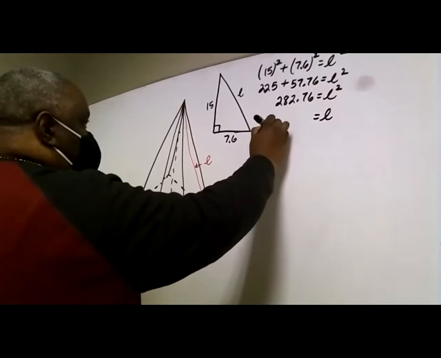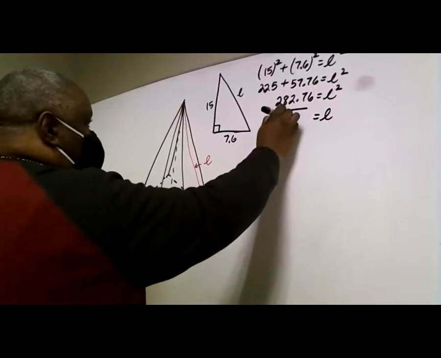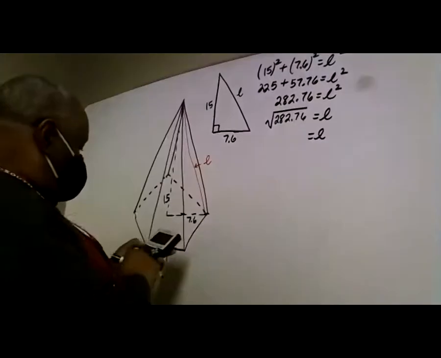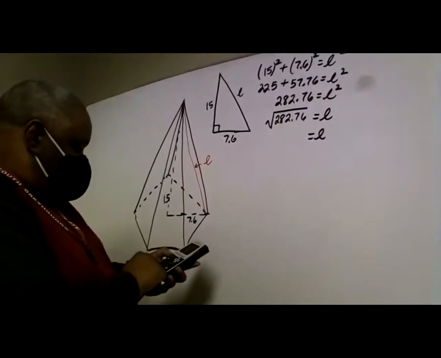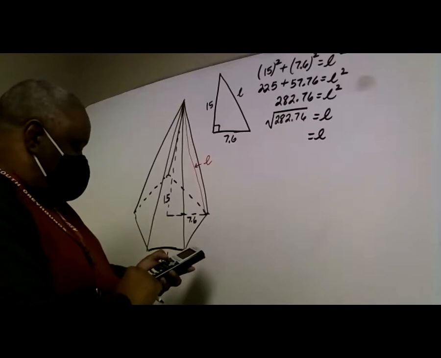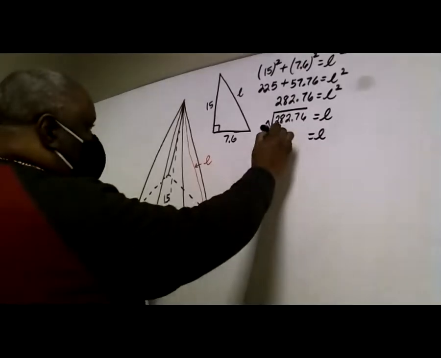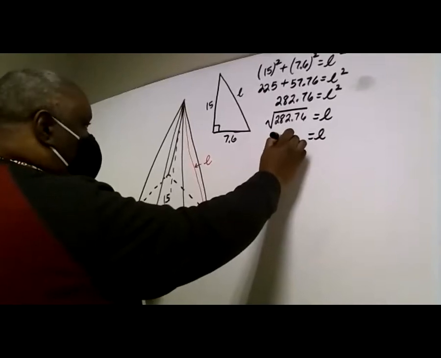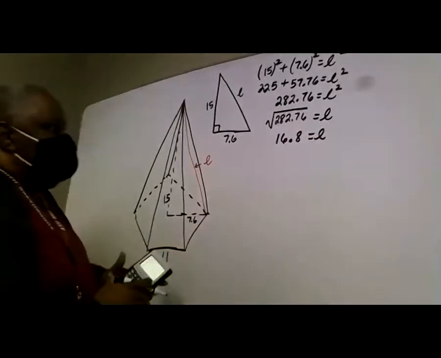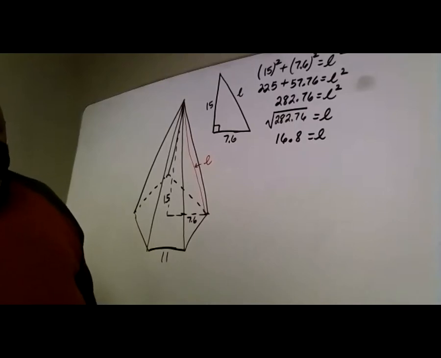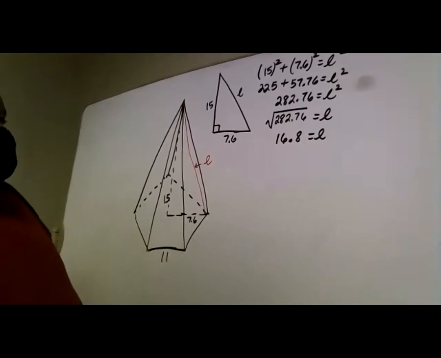And to find out what L is, we take the square root of 282.76. And I'm going to say approximately to one decimal place, 16.8. That's what L is going to be, 16.8. And this is in centimeters.